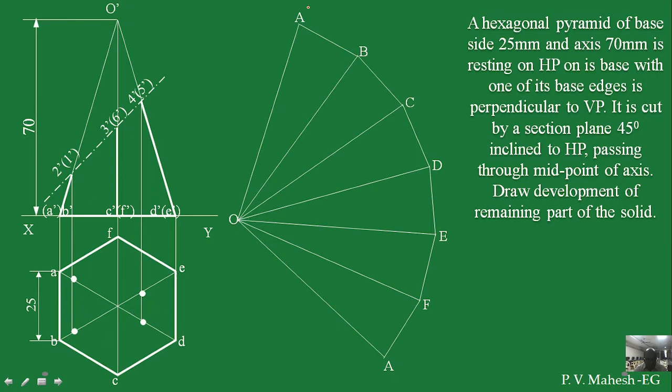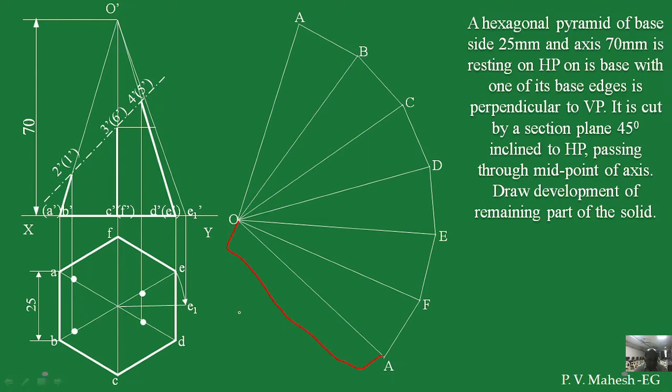I have to rotate this OE horizontally, so this OE is made horizontal. So I get E1, and from E1 I do the projection and join with the apex. So this O dash E1 dash is the true length of the triangle edge, and this length is equal to O dash E dash.